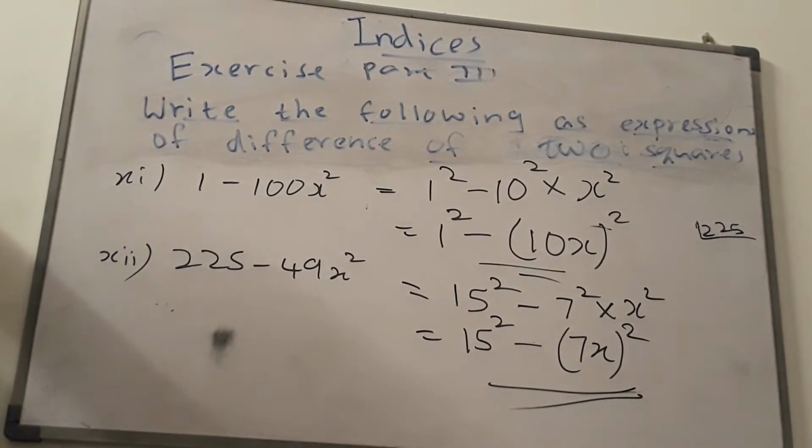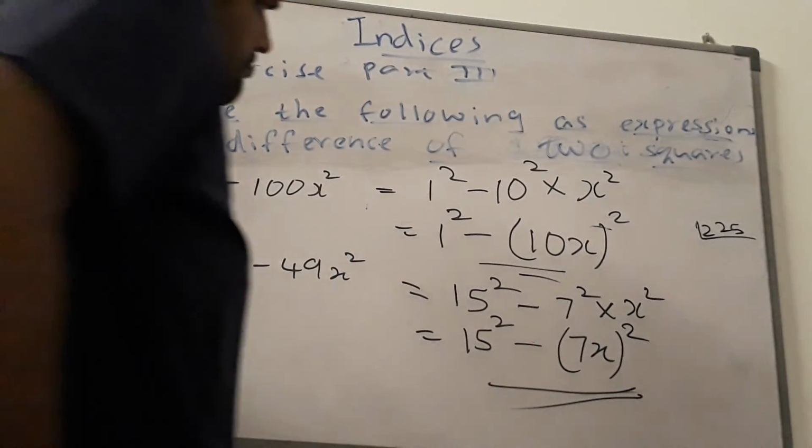Okay, let me check whether 15 is the root, that is, whether 225 is a square number. 225, is it divisible by 2? The least prime factor. No, it's an odd number. Will it be divisible by 3? I think so.